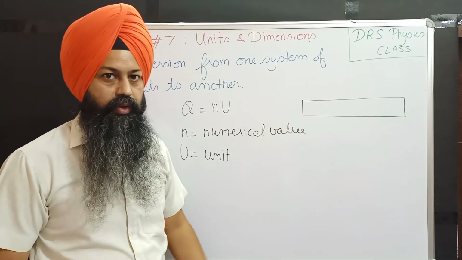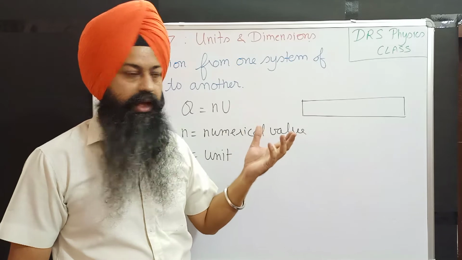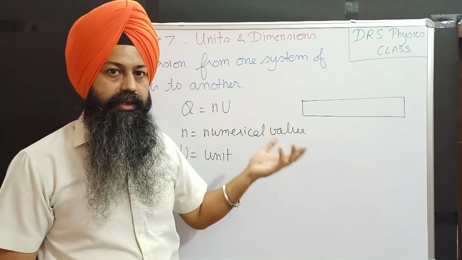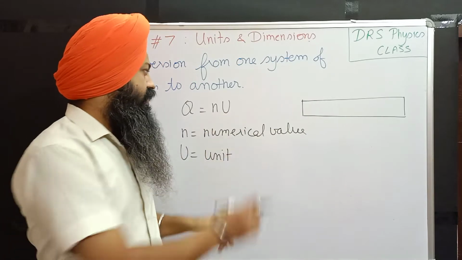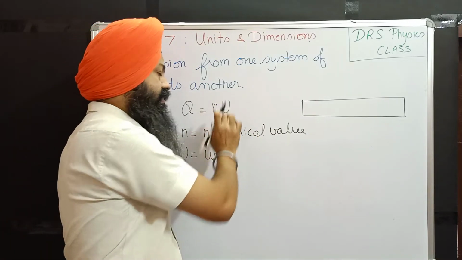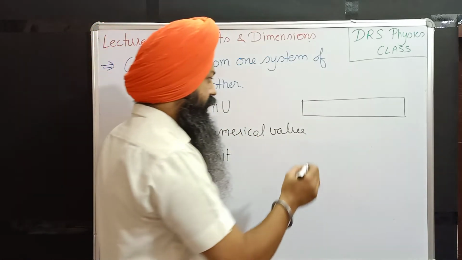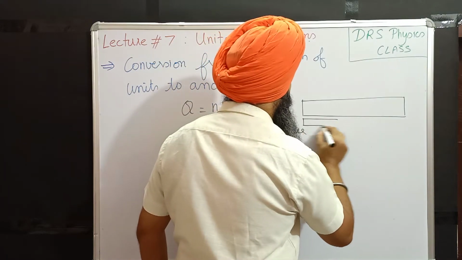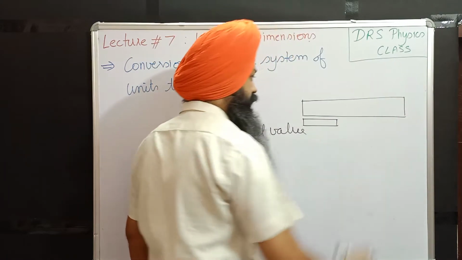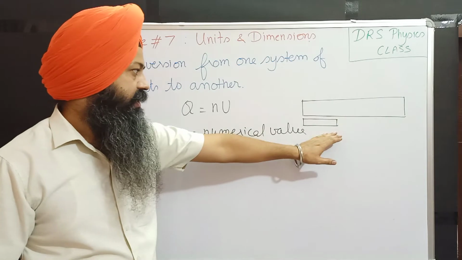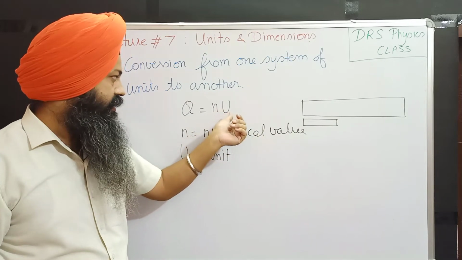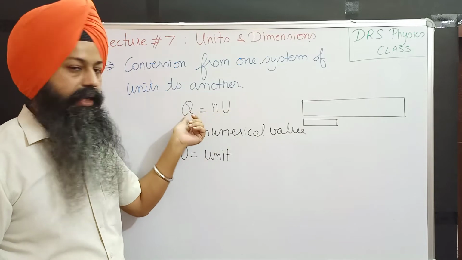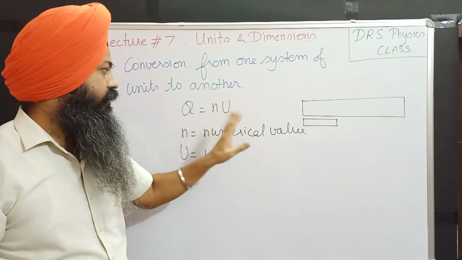What do we use? We use a standard amount of the length. We say meter, centimeter, inch, foot, something like that, which is called a unit. The standard amount of the quantity is called a unit. We compare the unknown quantity with it and notice that so many units are contained in this quantity. So the value is Q equal to NU.